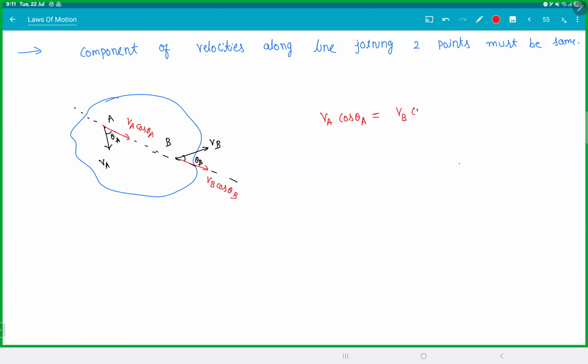Clear with this? So you can extend this further. If two surfaces are in contact, then the velocity along the common normal must be the same.